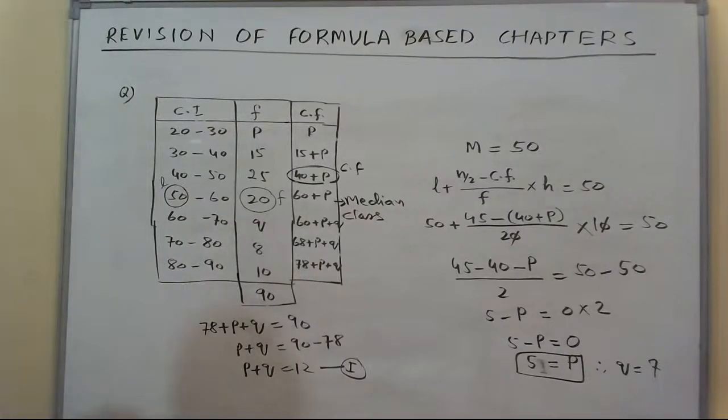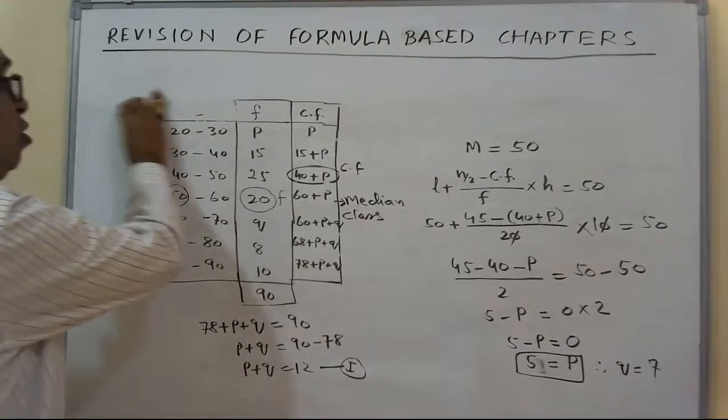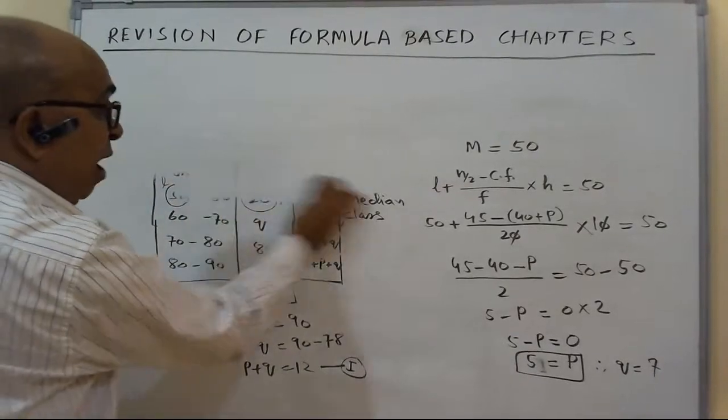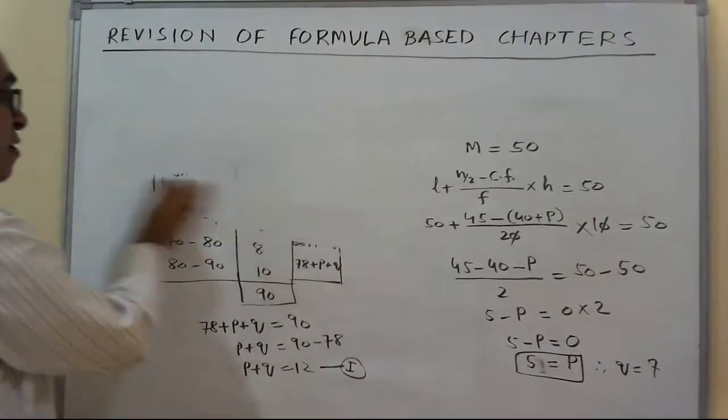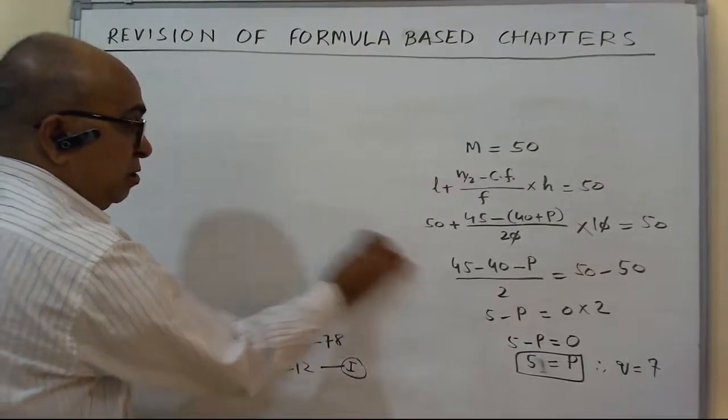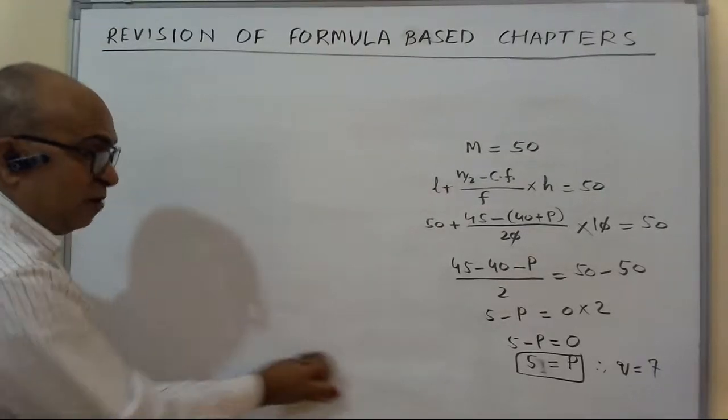Now the last chapter, which is very easy for you, that is chapter 13. In chapter 13, you have to find the surface area or volume of a combination of solids.